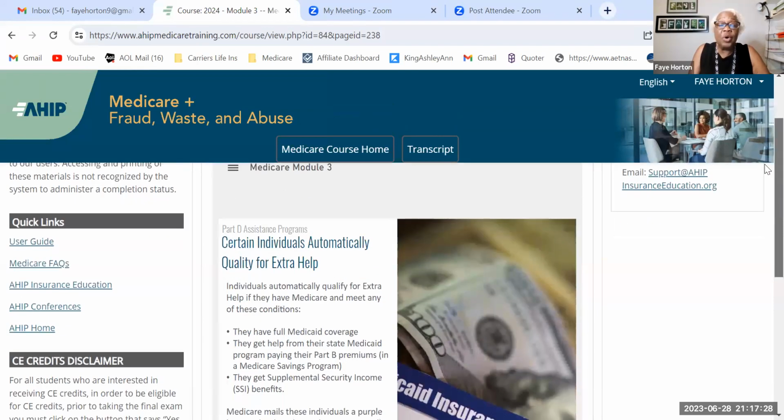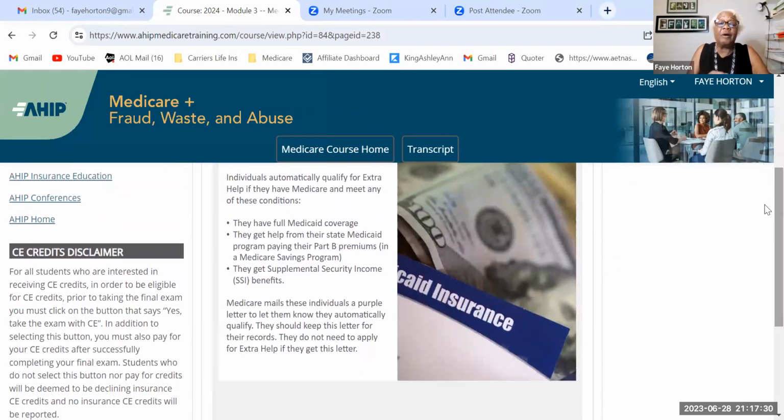Certain individuals automatically qualify for extra help. They have full Medicaid coverage. They get help from their state Medicaid program paying their Part B premiums in a Medicare savings program, or they get supplemental security income, SSI. These people automatically qualify for extra help with their prescriptions.